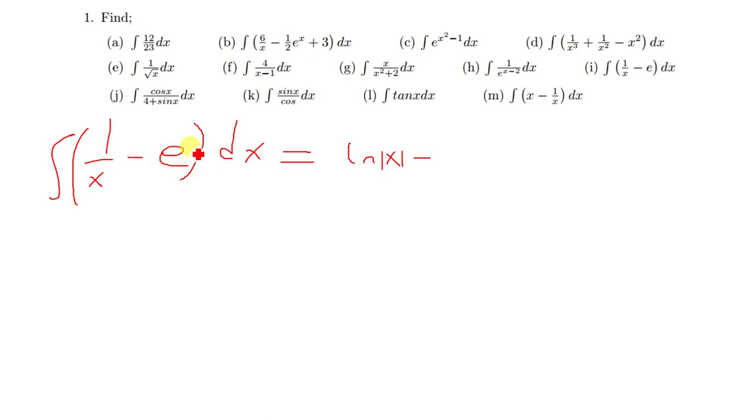This e has no variable, so it's not raised to any variable. The integral of e is the same as the integral of any number, which means we're just going to add x to e, then add our constant. So this is our solution for this. We move on to J.